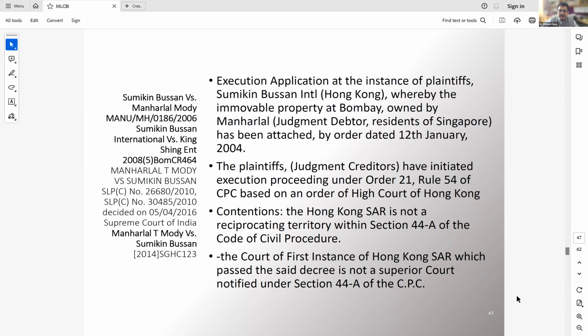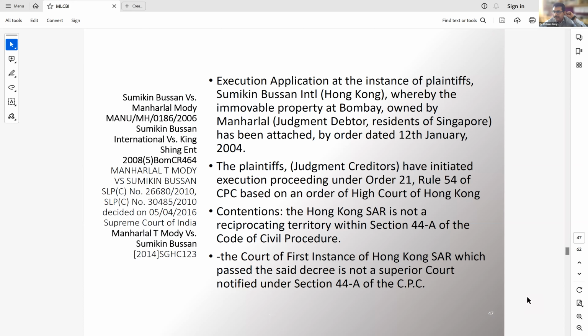So this is a case which is not of cross-border insolvency, but which involved certain aspects of insolvency and the recognition of a foreign insolvency order.